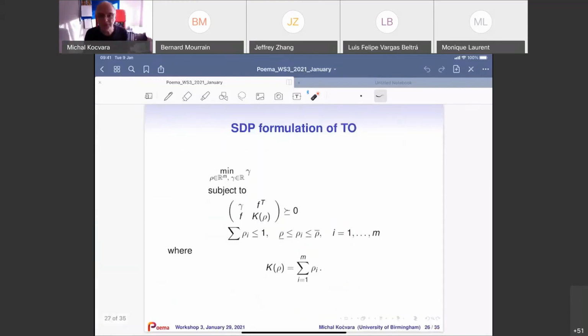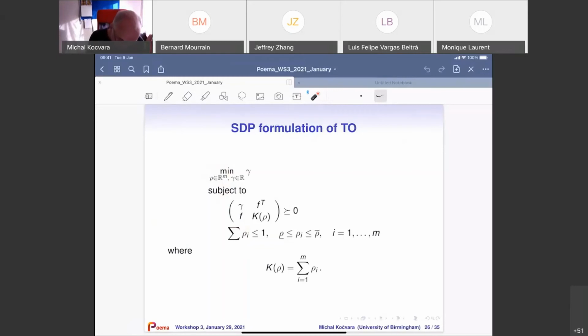And this problem can be formulated, I will not go into the modeling, as a semidefinite optimization problem. Again, the variable is rho, corresponding to every finite element. So the number of variables is the number of finite elements. And we have one big LMI here. The size of this LMI is the number of nodes in the finite element discretization multiplied by 2 or by 3, the space dimension of the structure.